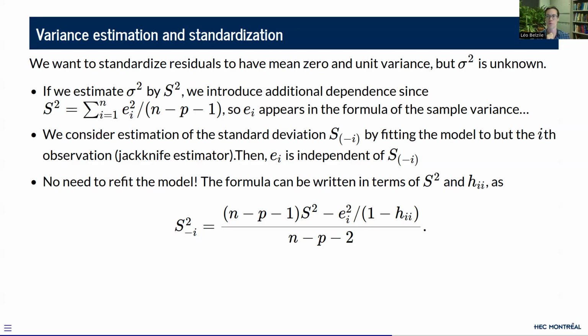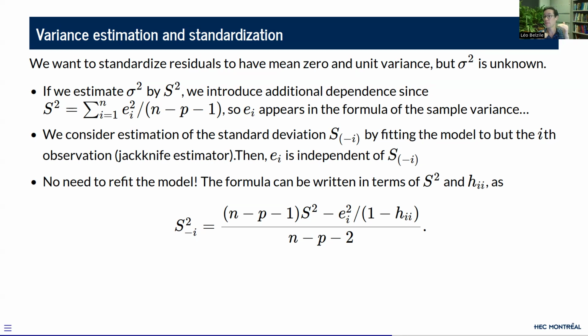Now, if you stare at the formula, you'll notice that the residual I want to standardize appears in the formula for the variance. So if I use this formula, the numerator and the denominator, e divided by its standard deviation, are going to be correlated. I'm going to introduce dependence. That's not what I want. So what am I going to do? Well, I'm going to cheat. I have an unbiased estimator of the variance. The only problem is that e_i is related to the rest.